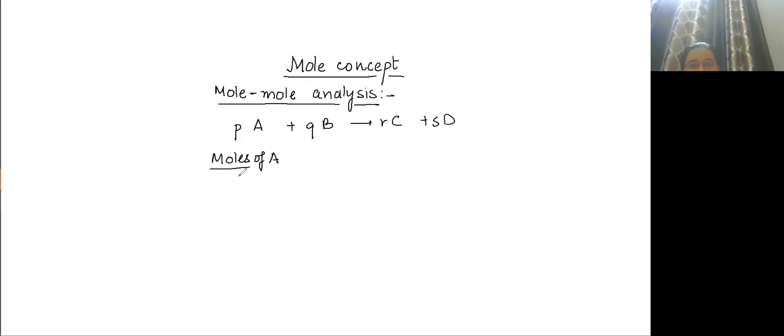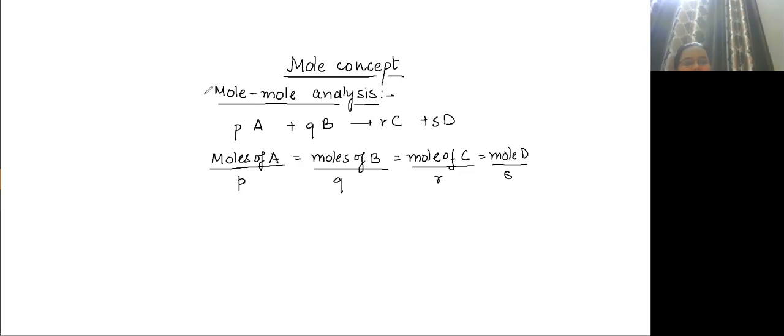Moles of A divided by P is equals to moles of B divided by Q is equals to moles of C divided by R is equals to moles of D divided by S.